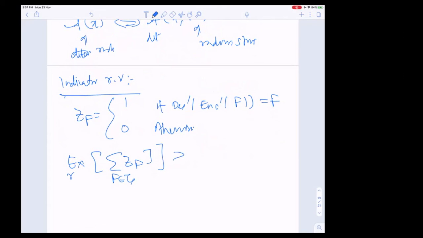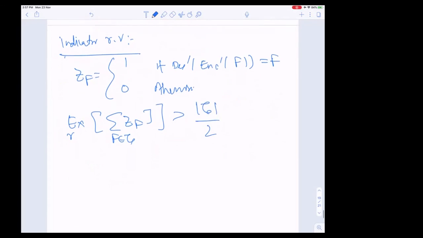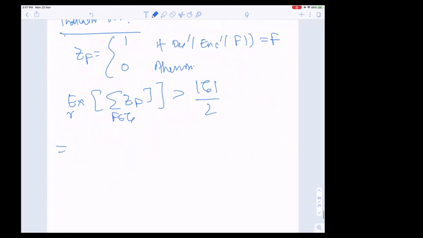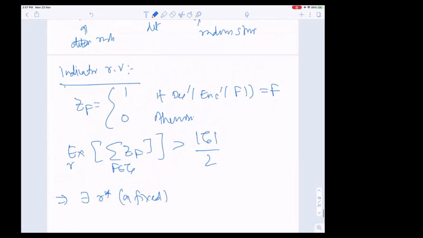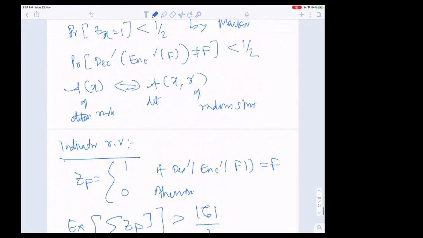This is greater than or equal to C over 2. What does this imply? That implies there exists a fixed R star. We know that each of these happens with probability strictly greater than half.